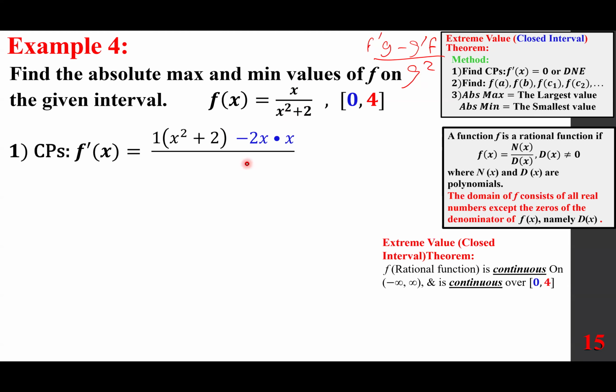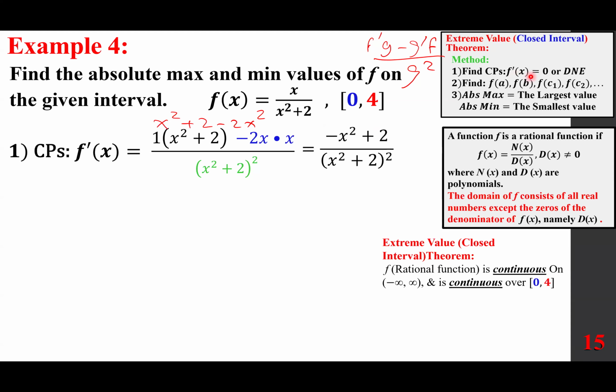And just write the bottom and square it. You combine these two into minus x squared. So f prime of x is minus x squared plus 2 over x squared plus 2, quantity squared.